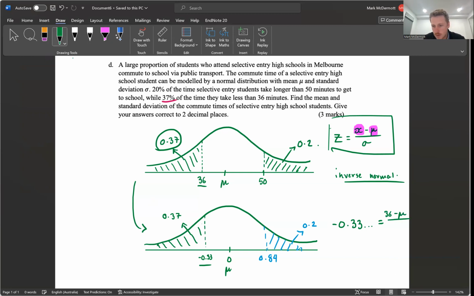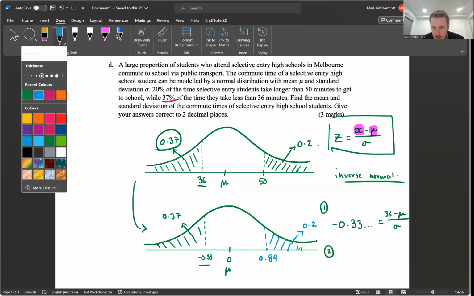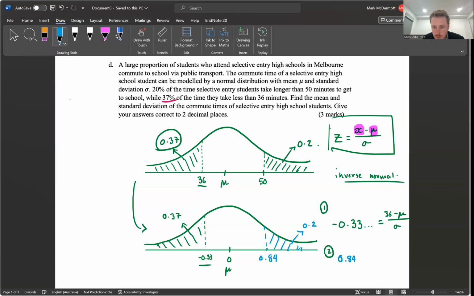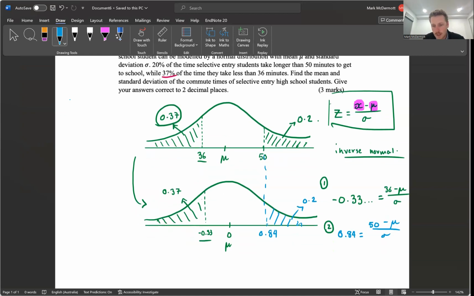We don't know what the mean was, that's what we want to find out, divided by our standard deviation, which we're trying to find out as well. So we're going to solve simultaneous equations, and that is our first equation. The second equation is the other one. 0.84 is equal to the other score, 50 minus the mean over the standard deviation. Okay, and that's equation 2.